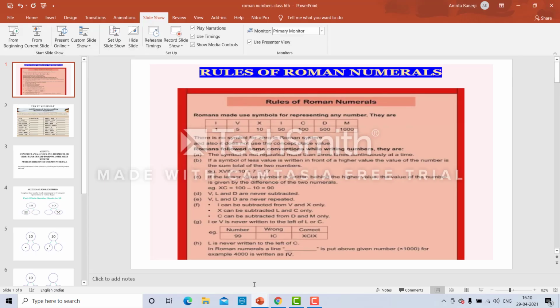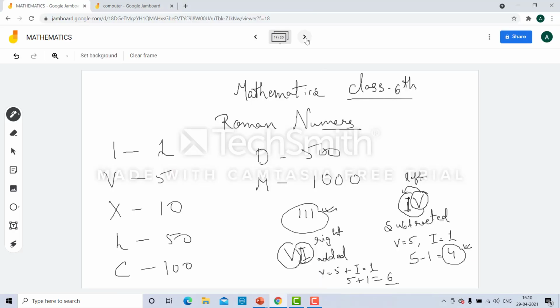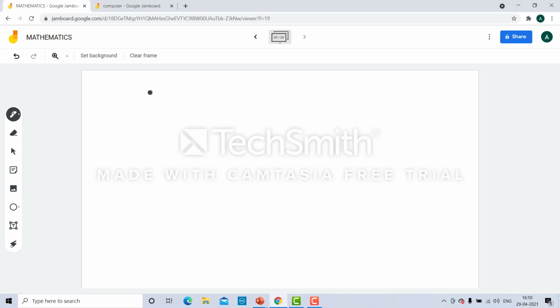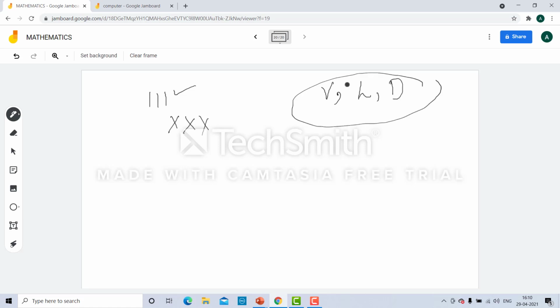You would have seen that when we are writing the numbers, we repeat I 3 times, we repeat X 3 times, but we never repeat V, L and D. These are not repeated in Roman numbers, and also these cannot be subtracted. This is the rule we have to keep in mind children when we are dealing with Roman numbers.